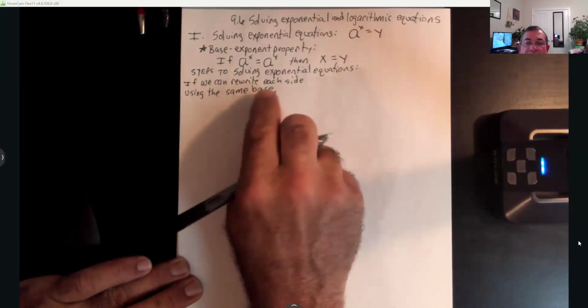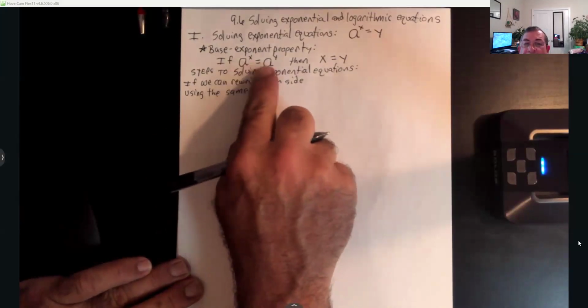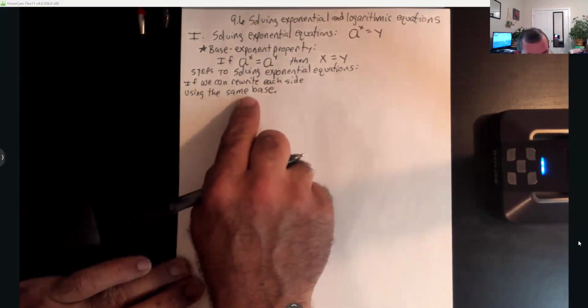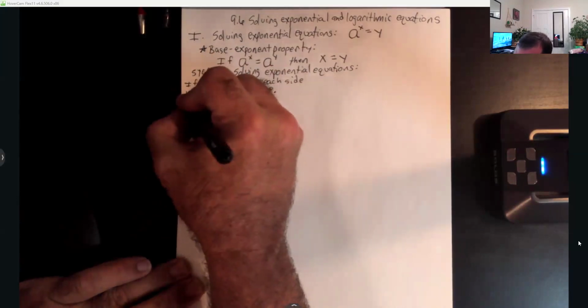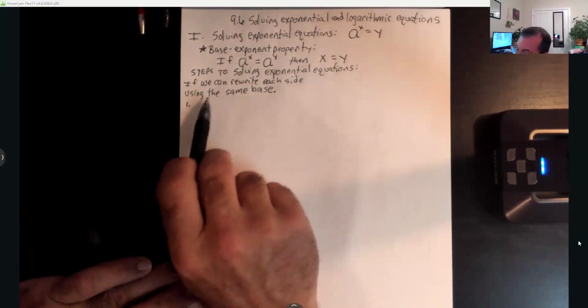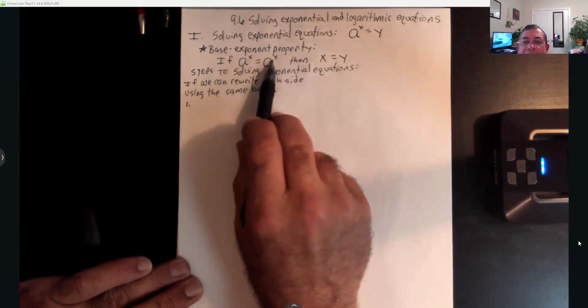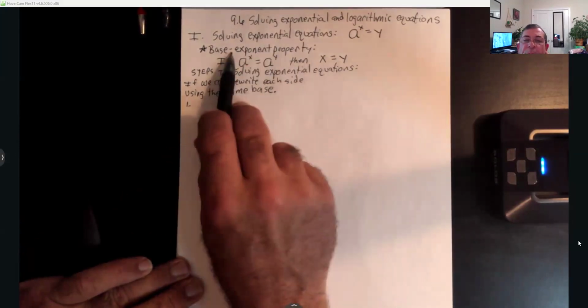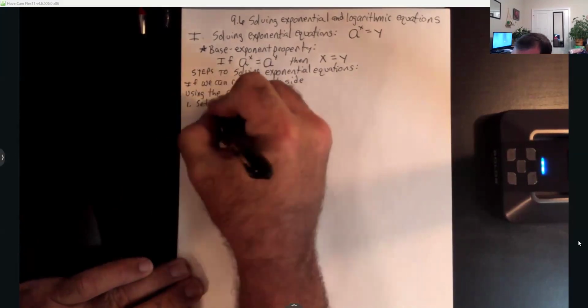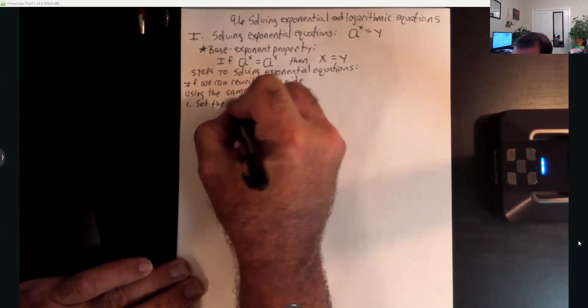So that means I go in on each side and I can rewrite them so that their bases match. If we can rewrite each side using the same base, then we're going to set the exponents equal to each other based on this base exponent property.